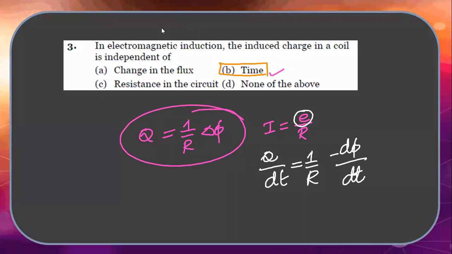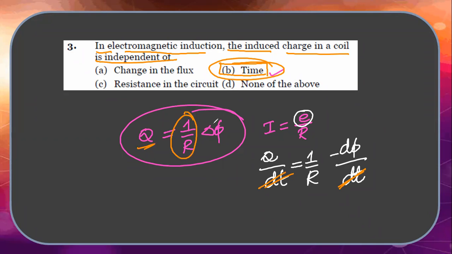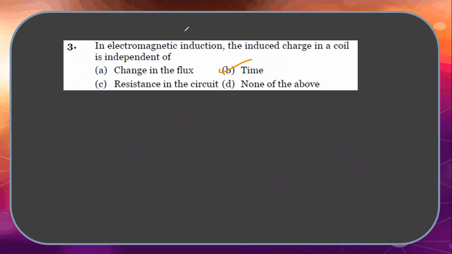So both sides will cancel dt. That's why in electromagnetic induction, the induced charge in the coil is independent of time. As the time is cancelled, Q is equal to 1 by R into delta phi we will get. That's why it is independent of time. B is correct.